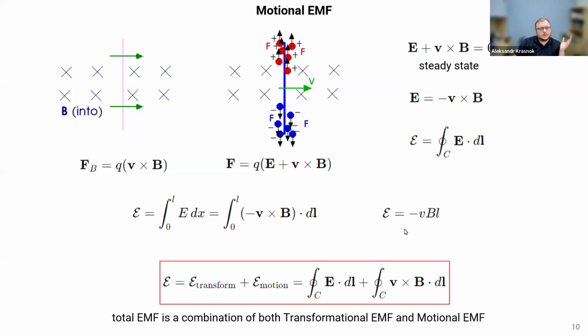And of course, if in your space you have a magnetic field and an electric field, and in particular in any system with a time-oscillating magnetic field, you always have an electric field there. So in the general case, the electromotive force will be given by both factors, from the electric field and from the magnetic field.